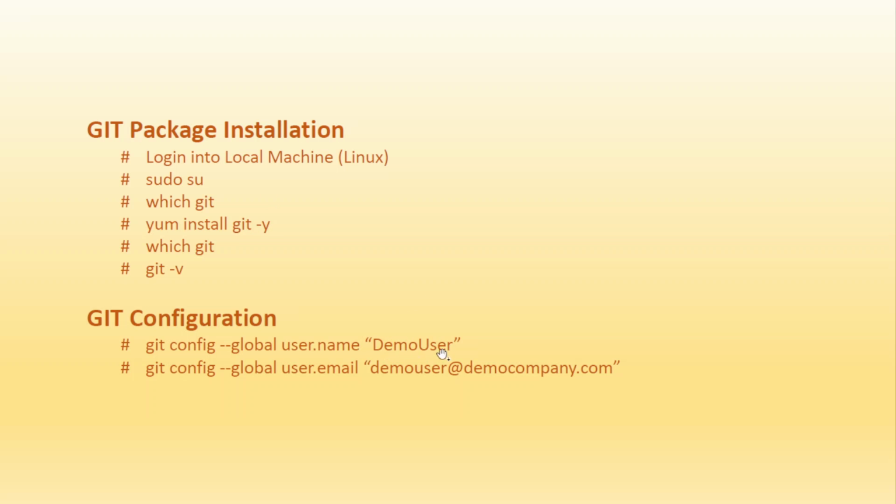Because once you commit your changes and push them to the remote repository, other users who are accessing that remote repository will be able to see who did that change. So this information, your name and your email address, will go when you commit your changes. So people will get to know that you are the one who has committed those changes. So this is a very important configuration that you require to do.